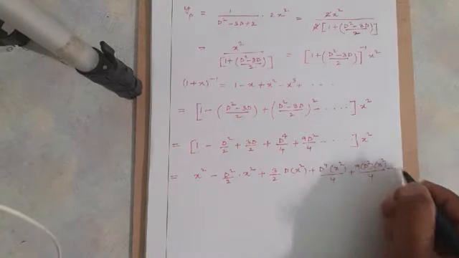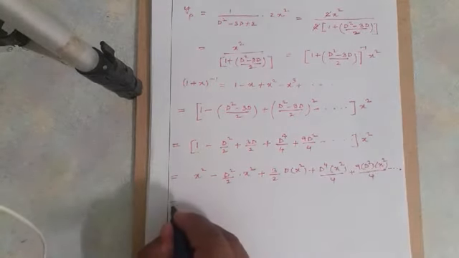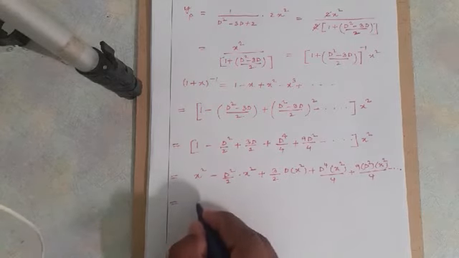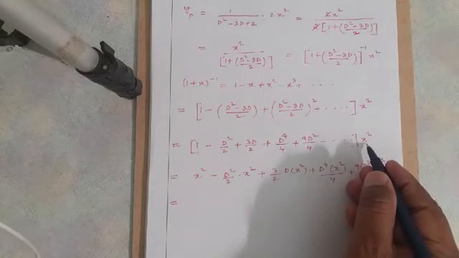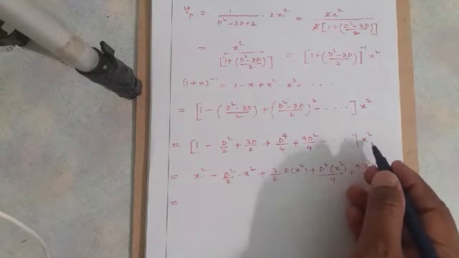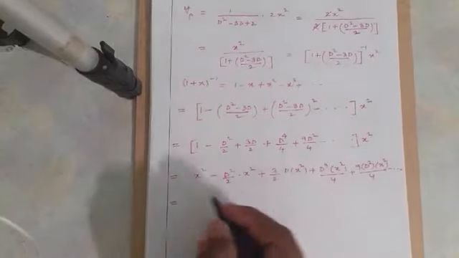The higher terms we neglect, because when you differentiate twice or four times it becomes 0, so that's why we neglect them.